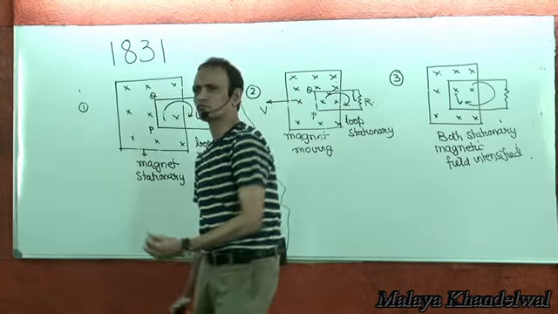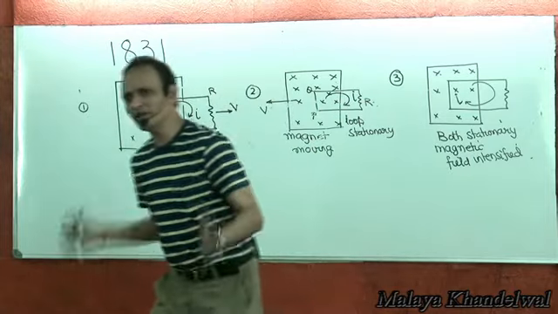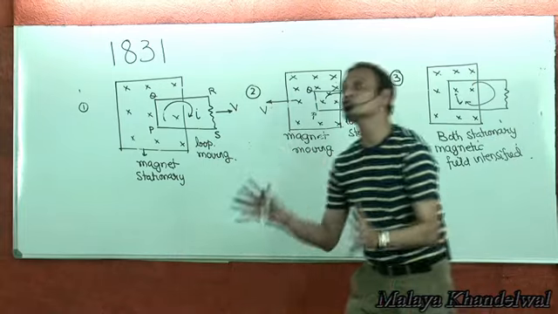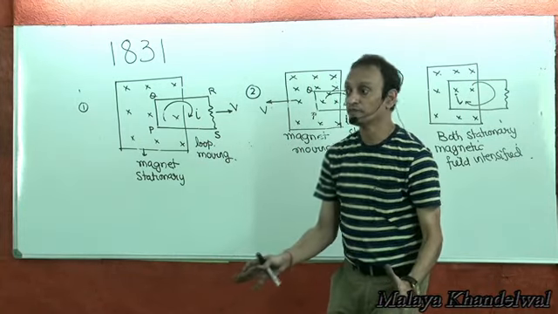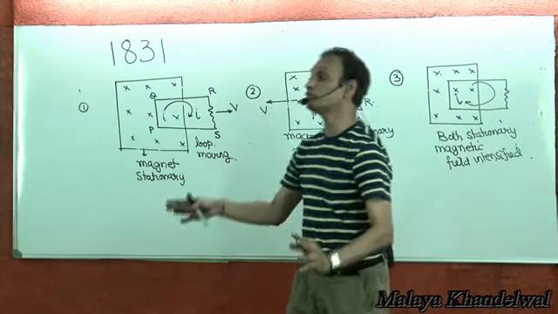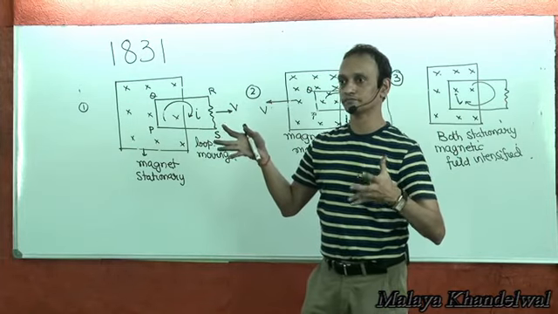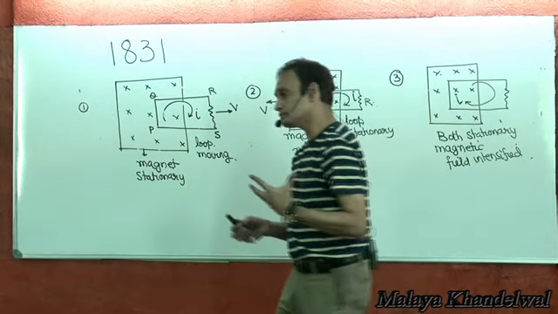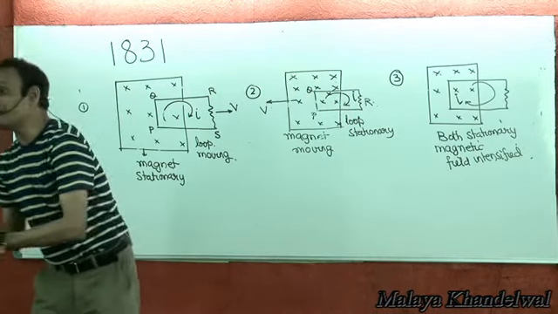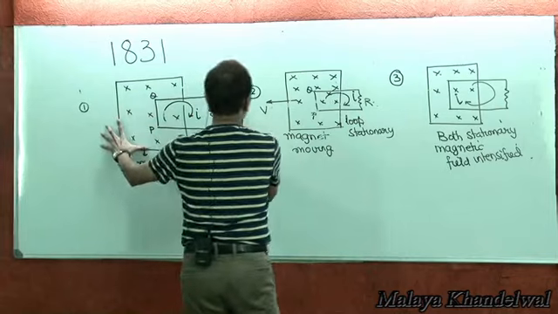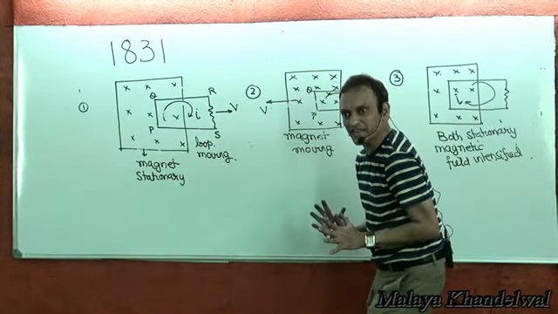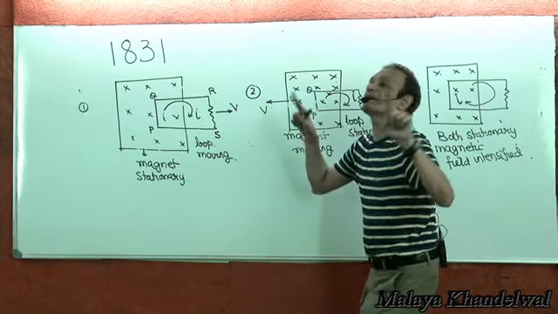Whatever be the reason, whatever be the cause, if there is change of flux associated with the loop, there would be an EMF generated in the loop which would drive a current through the loop. This is what he pronounced. Obviously the physics associated with this and the physics associated with this was different. It's not the same physics. Yet a common mathematical framework.